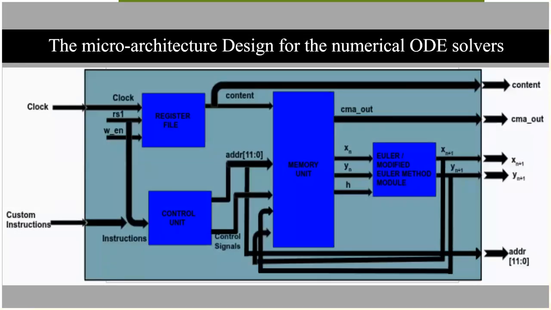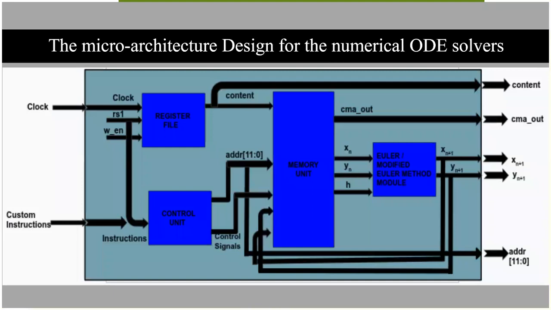If you see the microarchitecture design for the numerical ODE solvers, you can see there is a register file over here. It has a clock signal as well as a source register and a write enable. This register file will be able to load all the values of the specific inputs like x0, y0 and step size h, and it will go towards the memory unit as content.